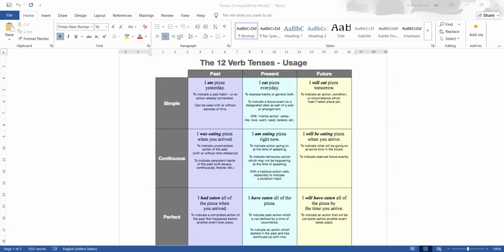Why is this important? It matters for your interviews, your subjective writing, and if any of you gets an essay section in an exam, it is extremely important there as well, because how you structure your sentences when speaking or writing also has weightage, right? Now, what is the concept of simple tense?